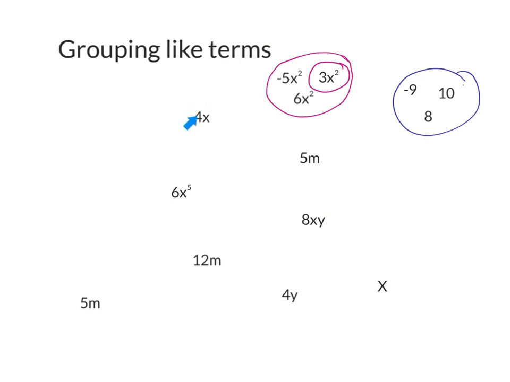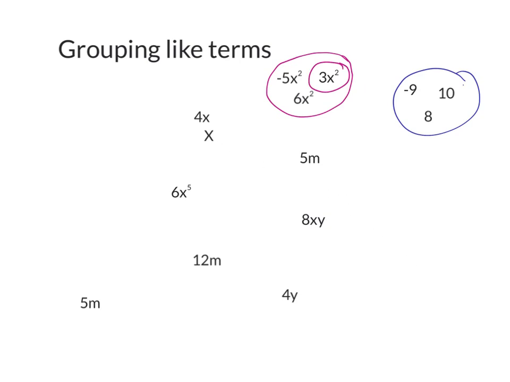Let's take a look at this 4x here. I've got 4y, but it's not the same variable, so not a like term. I've got 8xy. Again, xy is not the same as just x. So the only other just x I have is this x by itself.